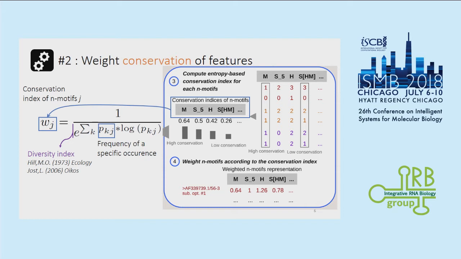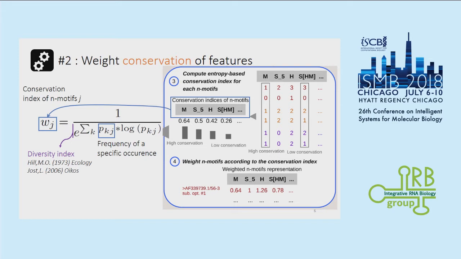Basically, this index gives information about, in the distribution, how many species or types we have in a data set. So typically, we use this entropy-based function in order to evaluate the conservation of each feature. After that, it's really straightforward to multiply each feature in the N-motif representation with the corresponding weight.